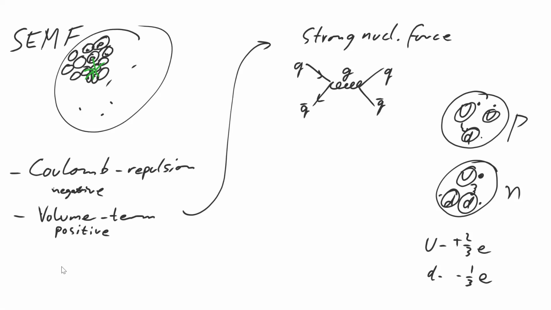This is what the strong force looks like between quarks, and also gluons themselves carry this color charge of the strong force, and you can have gluons coupled to other gluons.